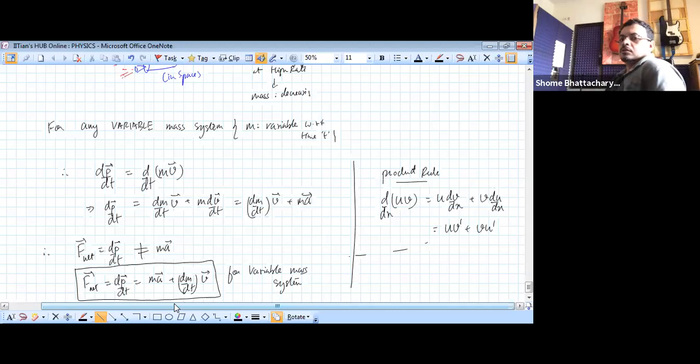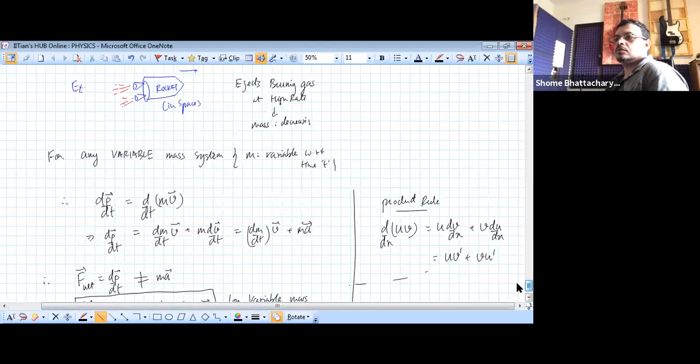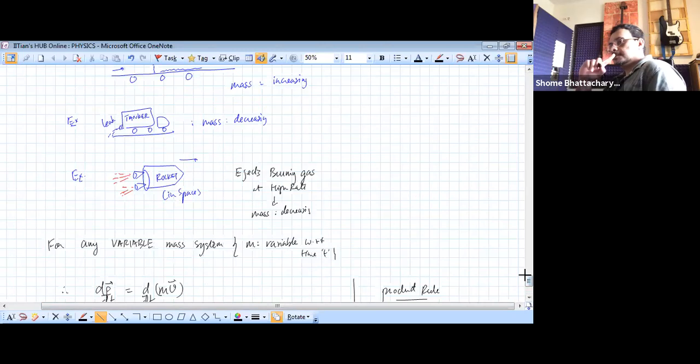Now in this chapter, however, in Newton's laws of motion chapter, mostly we will always be dealing with situations where mass of a body is constant. The second case of variable mass will come in a different chapter later, where we'll be applying Newton's laws to a variable mass system in a chapter called System of Particles.